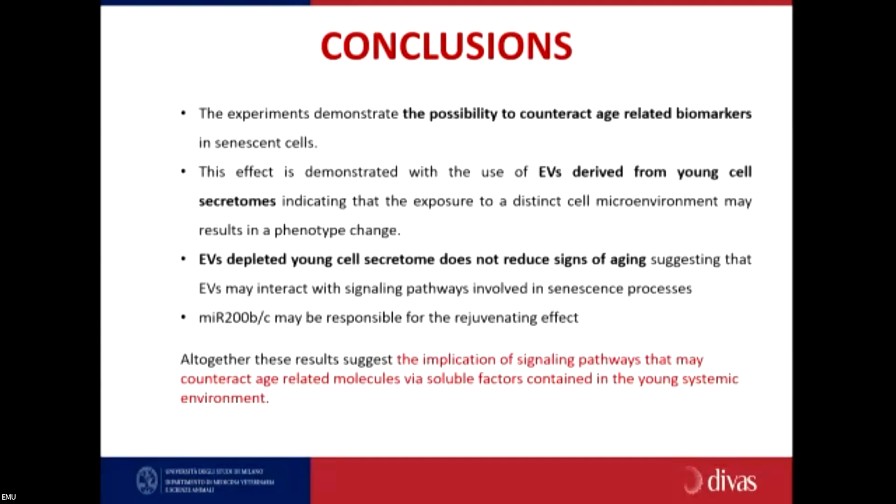And also, probably miR200B and C together may be responsible for this rejuvenating effect. Altogether, these results suggest the implication of signaling pathways that may counteract age-related molecules via soluble factors containing young systemic environment.